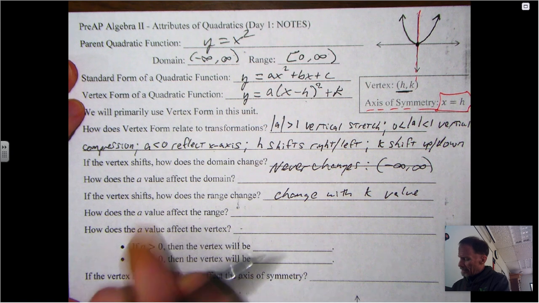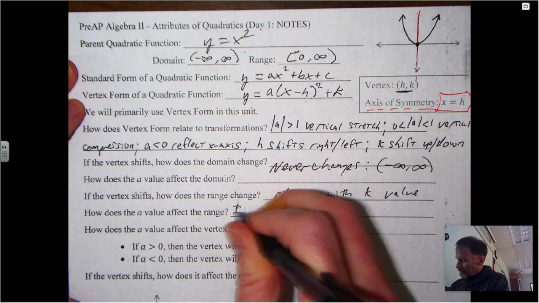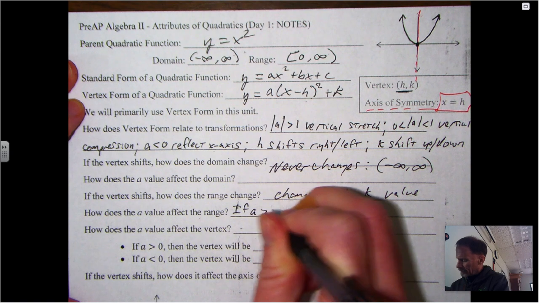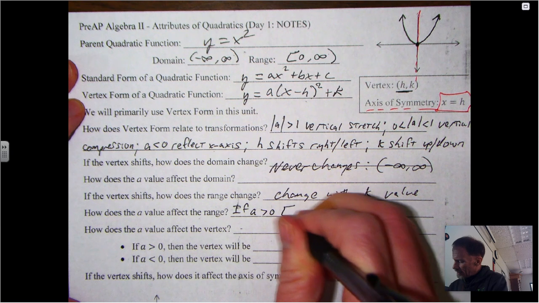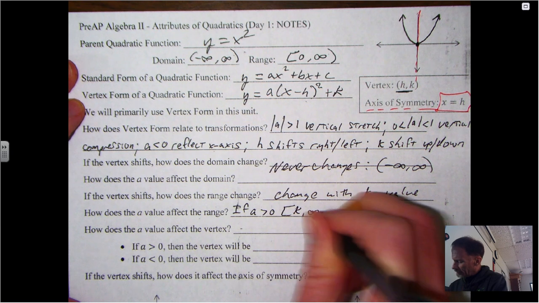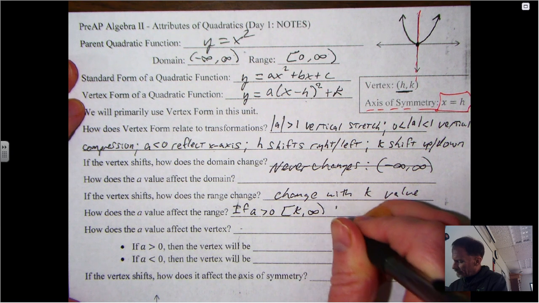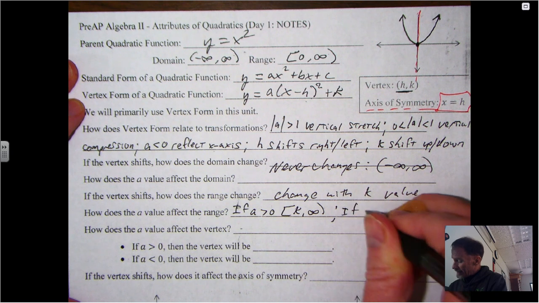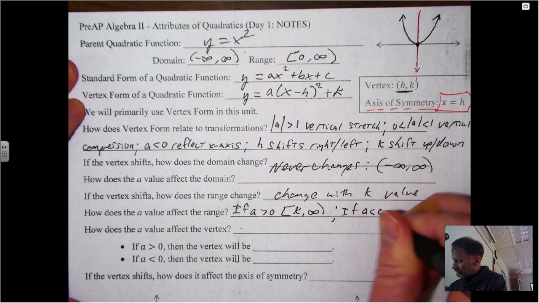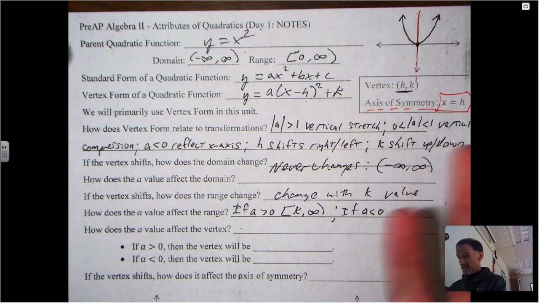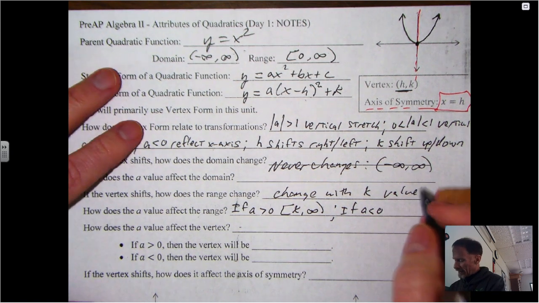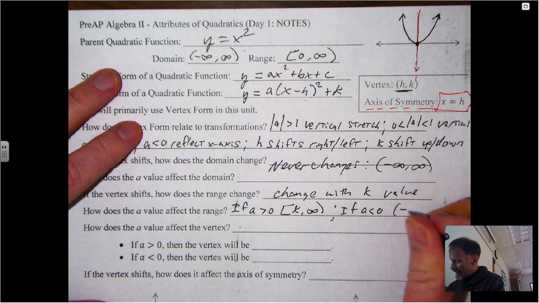If a is positive, I don't care what it is, if it's greater than 0, then the range is k to infinity. If a is less than 0, if a is negative, remember that makes it upside down, so it basically flips the range upside down if you want to think of it that way, and it's going to be from negative infinity to k.